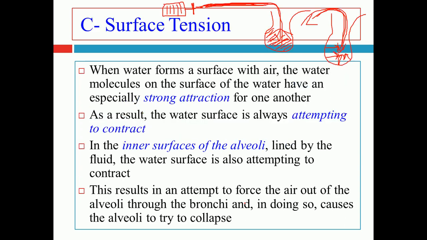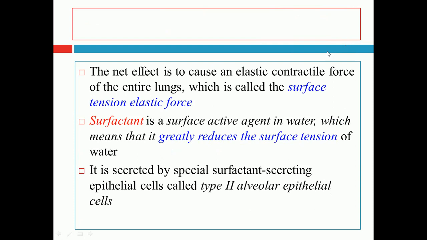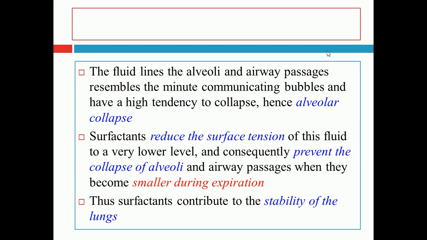So the presence of surfactant here will reduce the surface tension, which is trying to contract the lung or alveoli. It is secreted by special surfactant-secreting epithelial cells called type 2 alveolar epithelial cells. The fluid that lines the alveoli and airway passages resembles minute communicating bubbles and has a high tendency to collapse, hence the alveolar collapse.